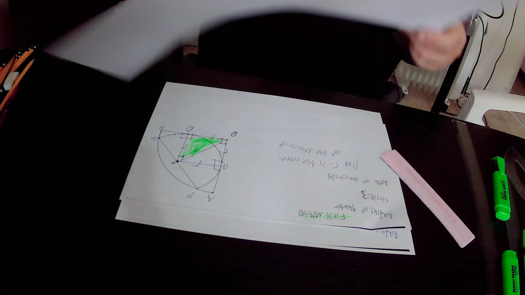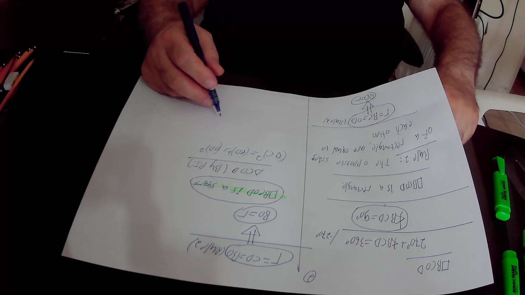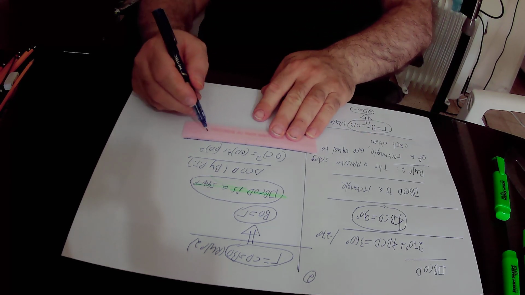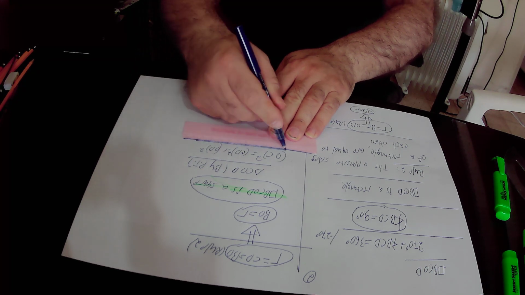So in the right green triangle COD, according to the Pythagoras theorem, OC square equals CD square plus OD square.